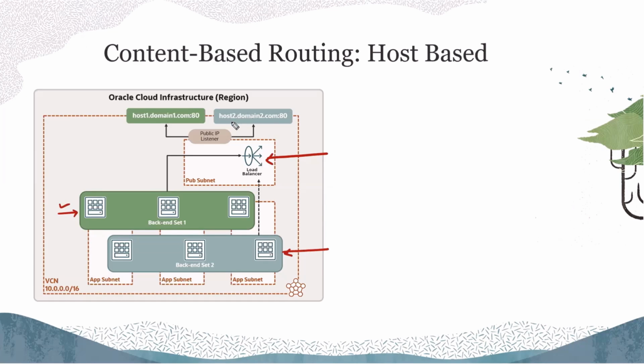And if host2.domain2.com is requested, you can send it to this backend set too. Therefore we are calling it host-based routing or content-based routing. So multiple websites can be deployed or load balanced using a single load balancer.